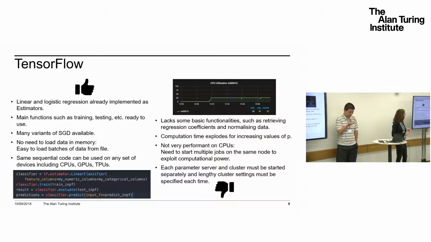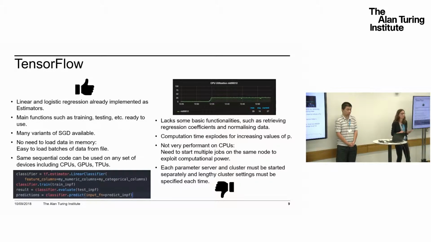However, we found some difficulties using TensorFlow because in our case, we found that it lacked some basic functionalities. For example, when running a linear regression with a large number of covariates, so large P, the output of the weights, the coefficients of the linear regression, is just a list of coefficients where you don't know which value corresponds to which covariate.